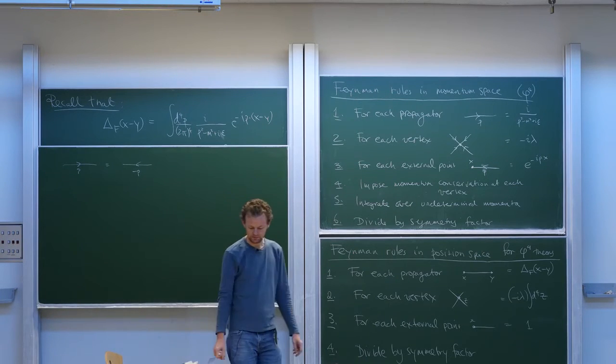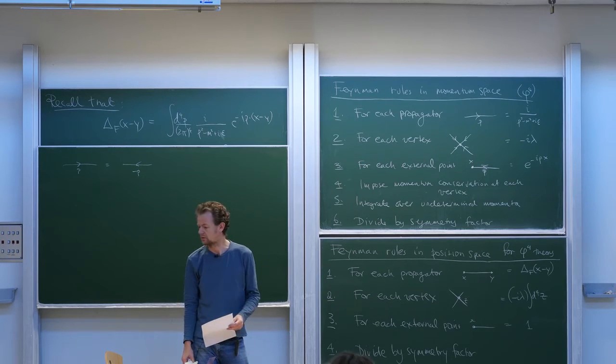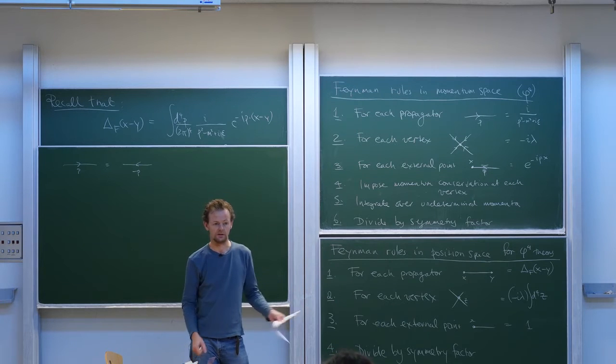Good. We will not do so many calculations in momentum space, I think, or only maybe later. I'll come back to these rules later. For the moment, I just mention them here for completeness' sake.